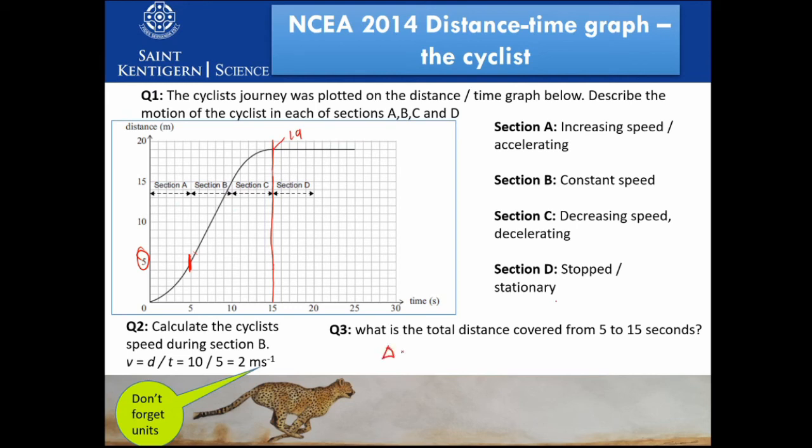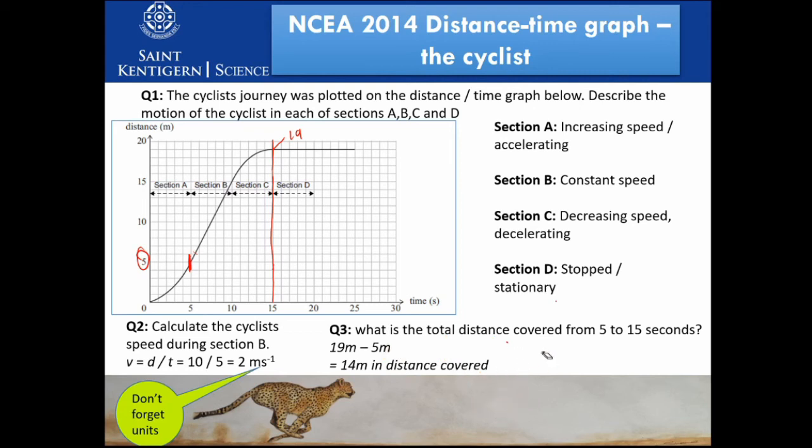Our change in distance equals distance final minus distance initial, which gives us 19 minus 5 equals 14 meters. Okay, everybody happy with that? Let's see what the model answer said. The model answer agreed with us.